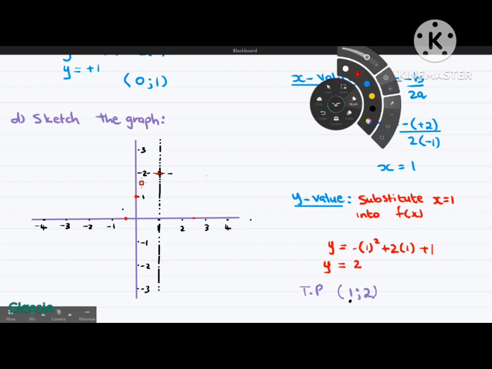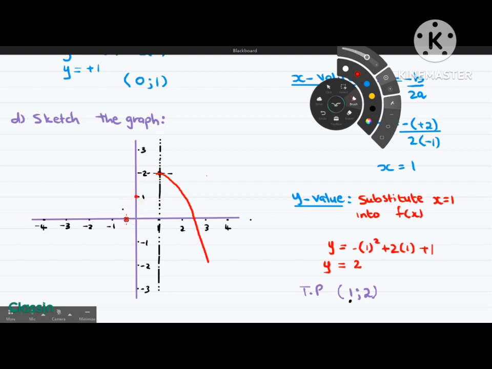Now, if we start with the turning point, our graph will be something like this. And then this side will pass through here and goes there.